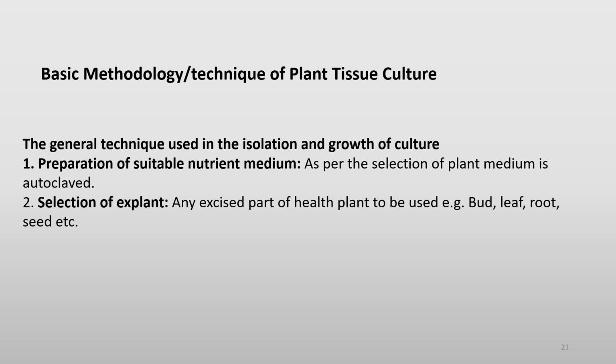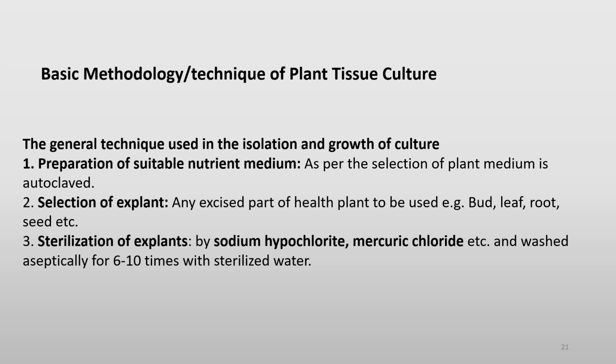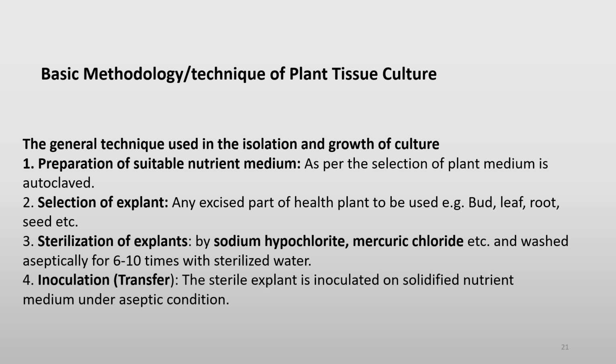Selection of explant: any excised part of the healthy plant can be used, the bud, leaf, root or seed, etc. Sterilization of the explant is done with sodium hypochlorite, mercuric chloride, etc., and washed aseptically 6 to 10 times with sterile water.